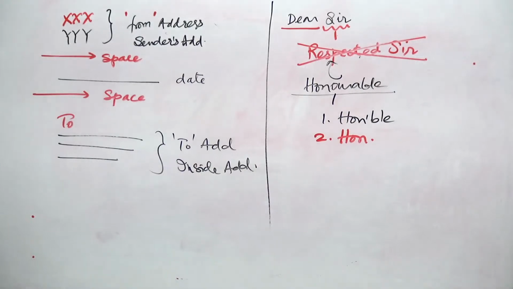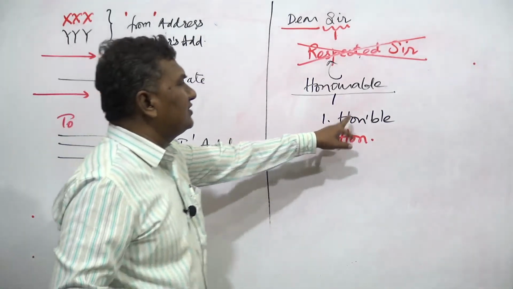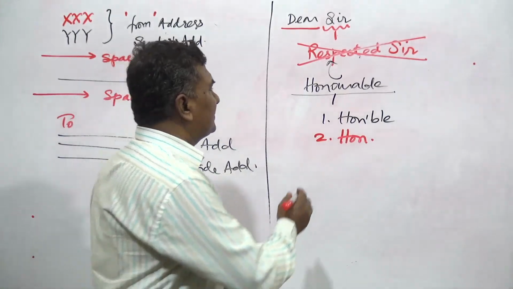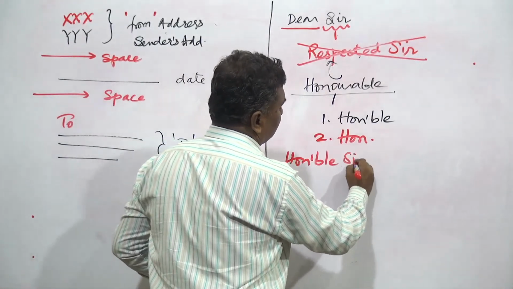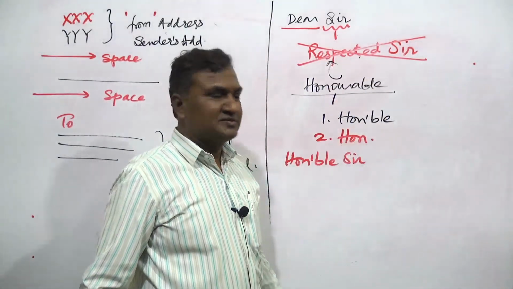That is also enough. So honorable, HON apostrophe BLE and HON dot, both are acceptable, but let us go with the first one, honorable. So you can write HONBLE, honorable.